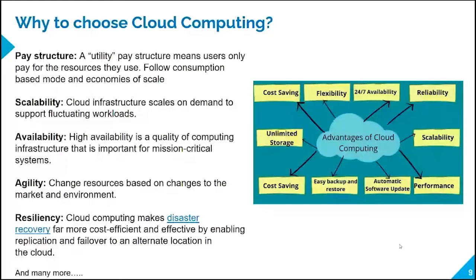Now, what is agility? Agility is, consider your application is running in the USA region, and suddenly most of your traffic is coming from the South Asia region, that is from India, Bangladesh, Pakistan, China, Sri Lanka.